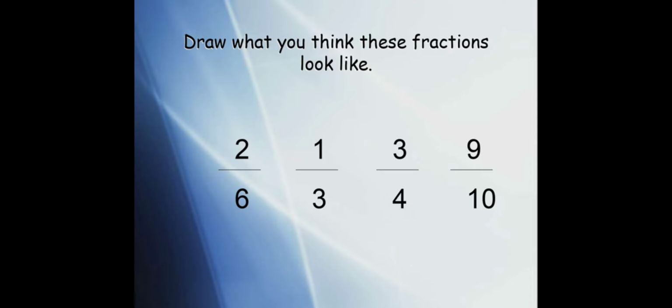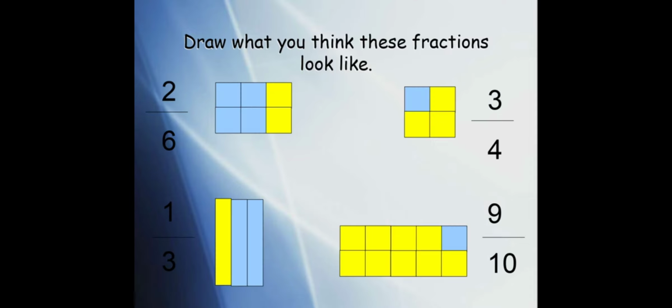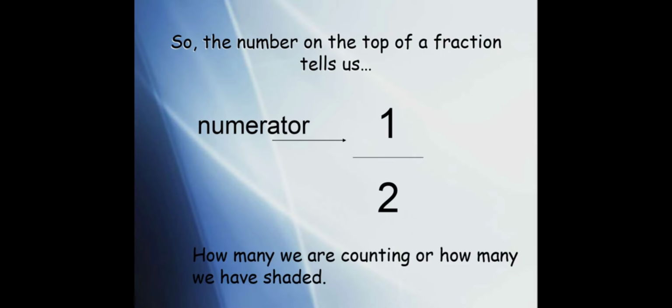Here are my shapes: 2 by 6, 3 by 4, 1 by 3, and the last one is 9 by 10. The number on the top of the fraction is the numerator; it tells us how many we are counting and how many we have shaded.